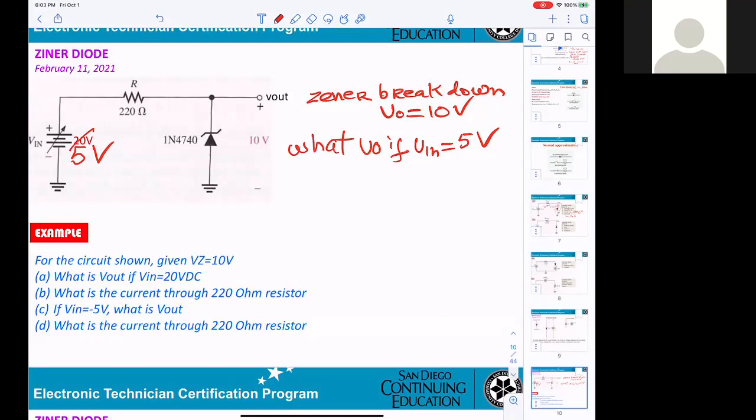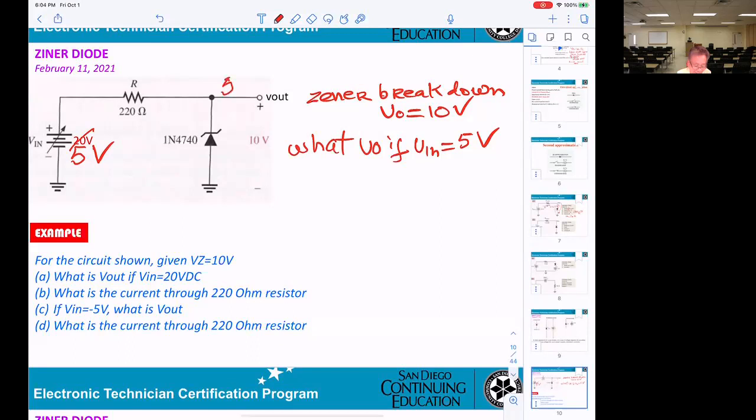It acts like a regular diode, except it would be negative 0.7. What is V out? 5 volts. 5 volt, perfect. If V in equals 5 volt, and you suppose to get 5 volt here, correct?